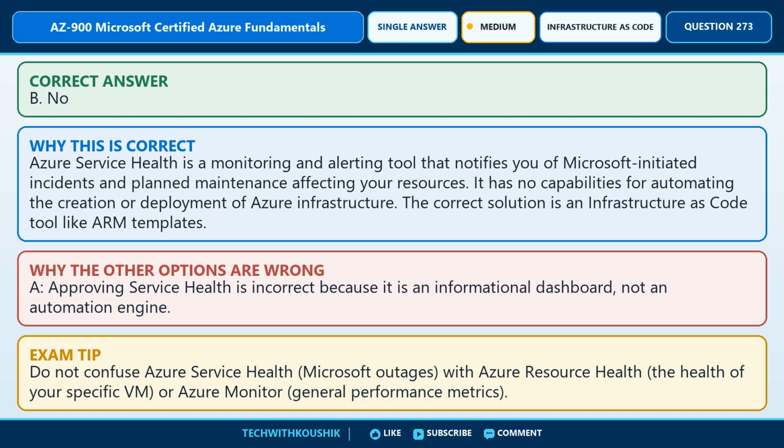The other choices do not work because A. Approving Service Health is incorrect because it is an informational dashboard, not an automation engine. Exam tip: do not confuse Azure Service Health, Microsoft outages, with Azure Resource Health, the health of your specific VM, or Azure Monitor, general performance metrics.